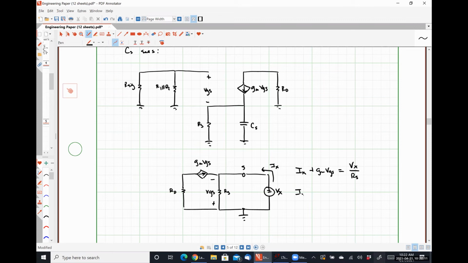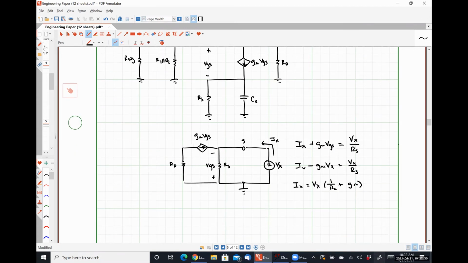So this gives me Ix minus gm Vx is equal to Vx over Rs, which tells me that Ix is equal to Vx times 1 over Rs plus gm, meaning that the resistance Req seen is simply Rs in parallel with 1 over gm.